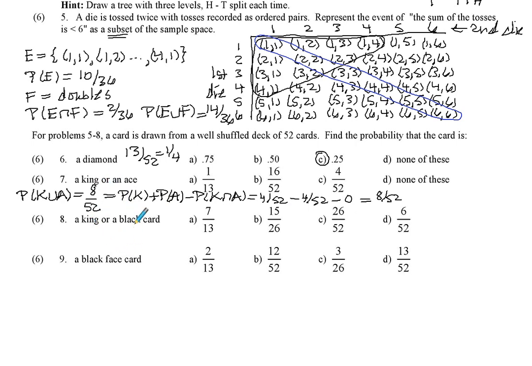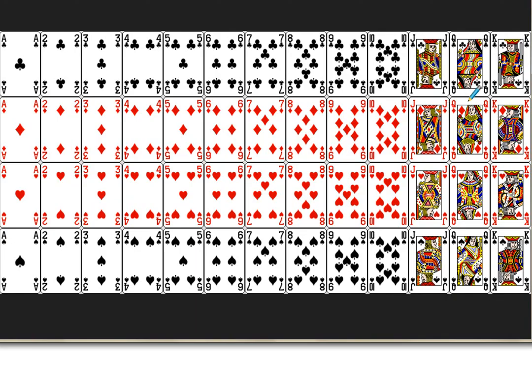Here, a king or a black card. So probability that it's a king or black. I'll use K for king and B for black. Again, we can either count outcomes or we can use the union rule. Let's try counting outcomes first. King is these 4 cards, and black is these 13 here and these 13 here.